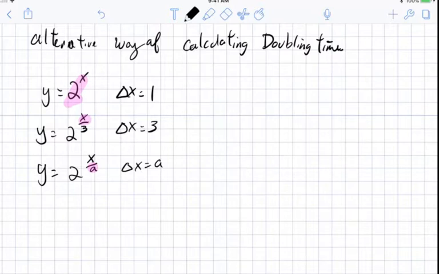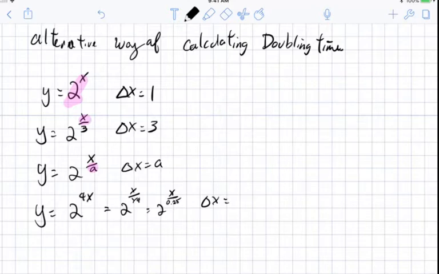So it's like 2 to the 4x. What do you think the doubling time of that is? You can write that as 1 over 4, so that's 2 to the x over 0.25. And so the doubling time is equal to 0.25.